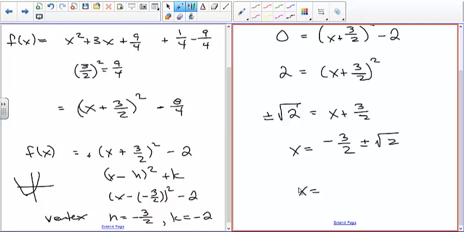At this point, we really need to come up with some decimal answer. Negative 3/2 in decimal form is negative 1.5, plus or minus the square root of 2, which is 1.414.